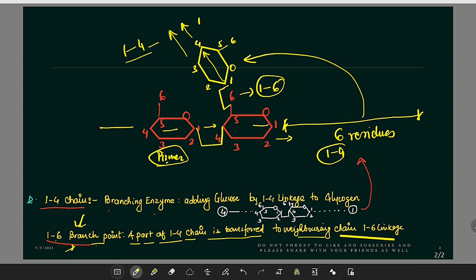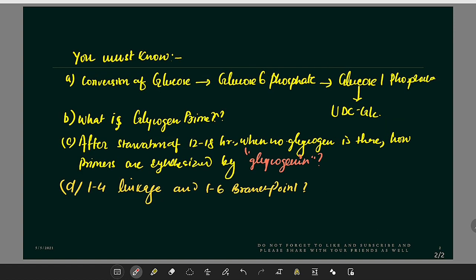So this was all about the basics of glycogen synthesis, and these were the 4 points that you must understand while studying it. After completion of this lesson, you must know the conversion of glucose into glucose 6-phosphate, glucose 1-phosphate, and then UDP-glucose, which works as a monomer for glycogen.